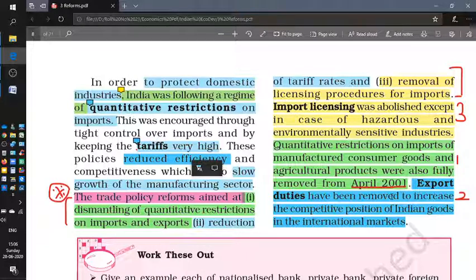To increase the competitive position of Indian goods in international markets. When you have export duties, they raise the price and you can't compete. When you have import duties, they raise the price, we don't buy, we protect industries, but we bring in inefficiency. So both import duties like tariffs and export duties have been either removed or lowered. That's the number two.